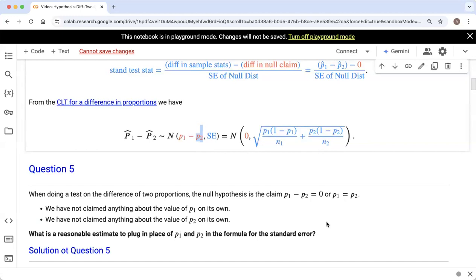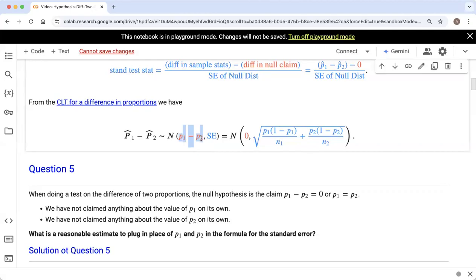Our null hypothesis claims that P1 minus P2 is equal to 0, or in other words, that P1 is equal to P2. So our distribution of P hat 1 minus P hat 2 is going to be centered at 0.